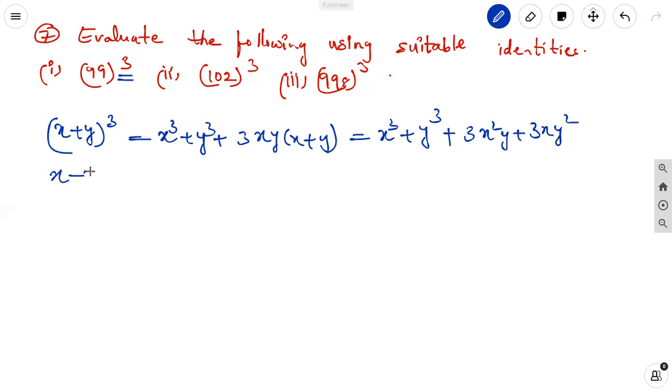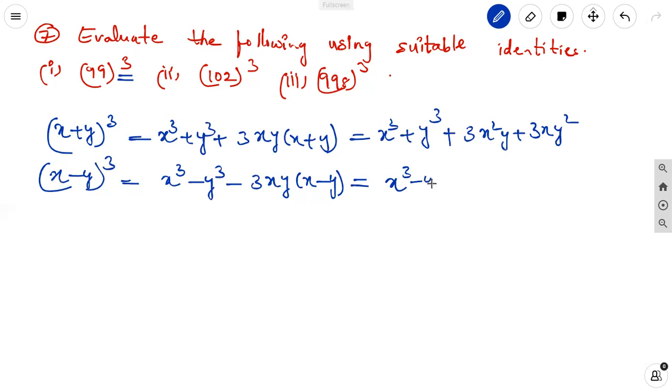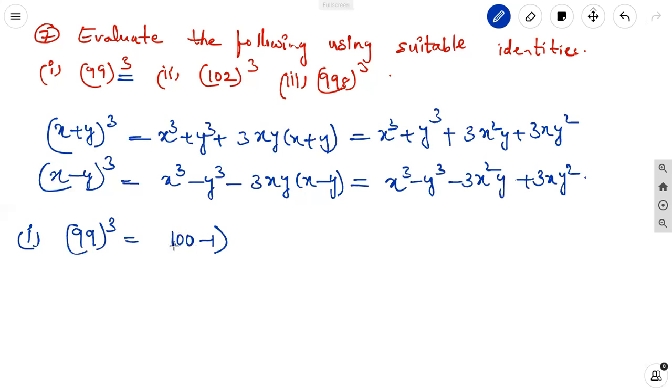Second, (x minus y) whole cube equals x cube minus y cube minus 3xy into (x minus y), that is x cube minus y cube minus 3x square y plus 3xy square.